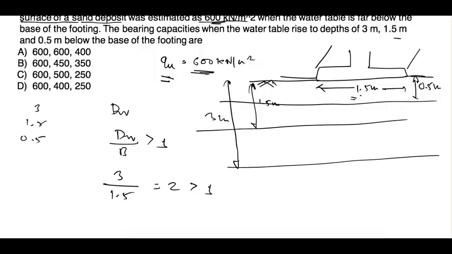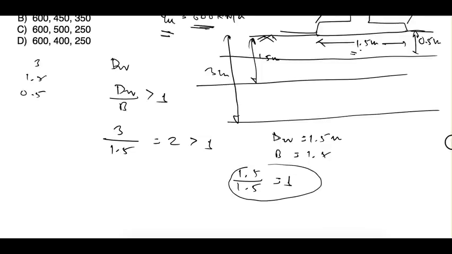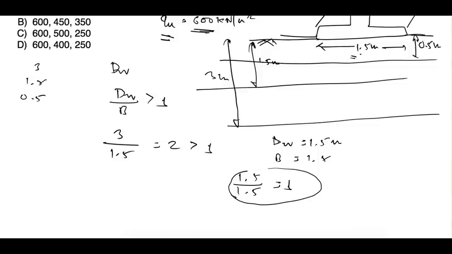The next one is dw equal to 1.5 meter and width of footing is 1.5 meter, so that is 1.5 upon 1.5, which is equal to 1. In this condition also the bearing capacity will not change because it is just the limiting condition.